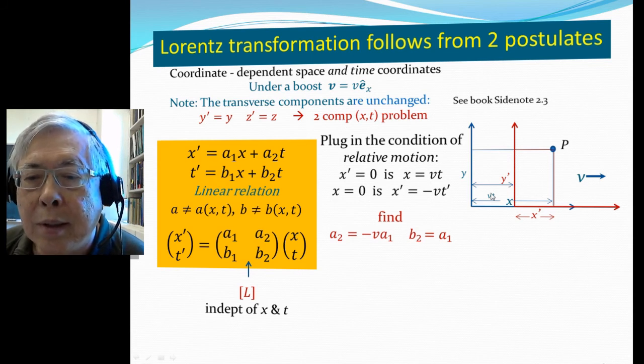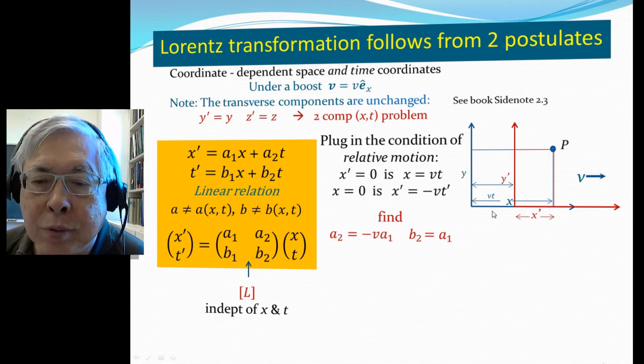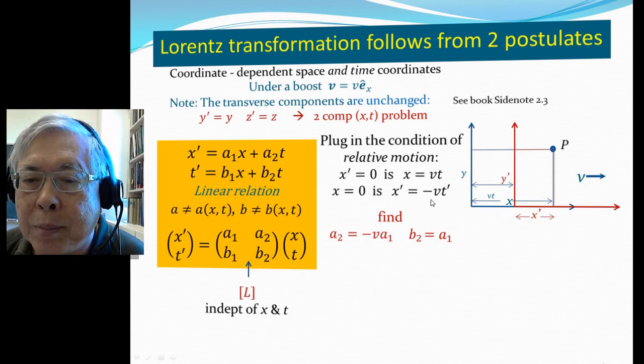In the same way, the origin of the O frame, x equal to 0, is viewed in the x prime, t prime frame, the red frame, as moving to the left, with x prime equal to minus vt prime.